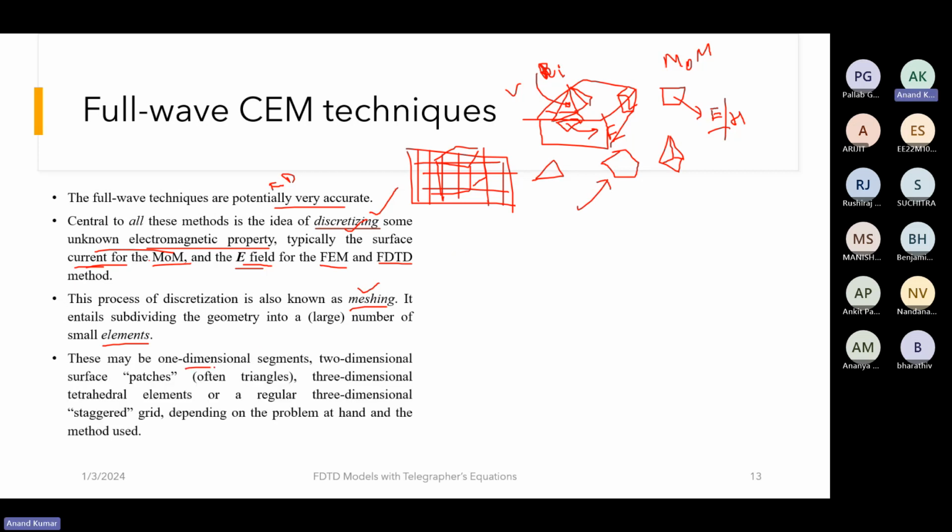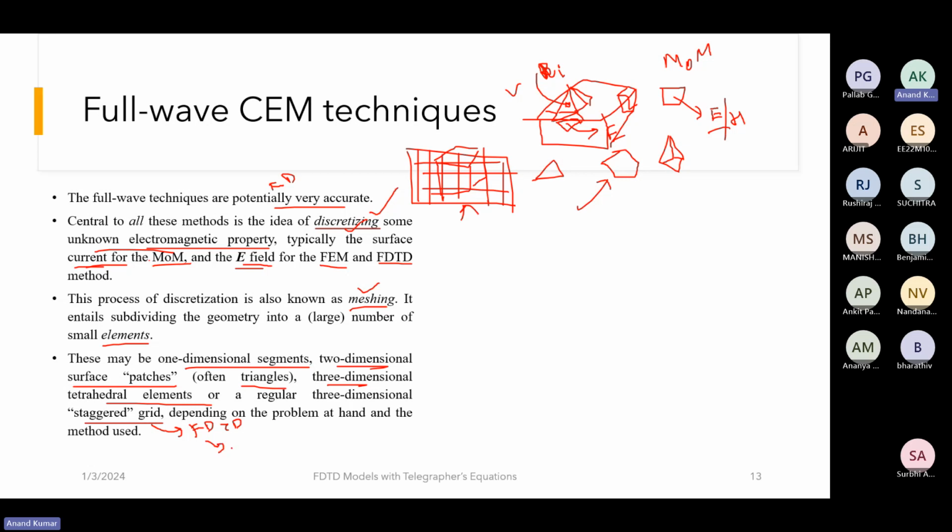These may be one-dimensional segments, two-dimensional surface patches, often triangles, three-dimensional tetrahedral elements, as I said, and three-dimensional staggered grids, which is in the case of the FDTD. So with FDTD, we are saying that we are meshing in a square or cuboidal shape.